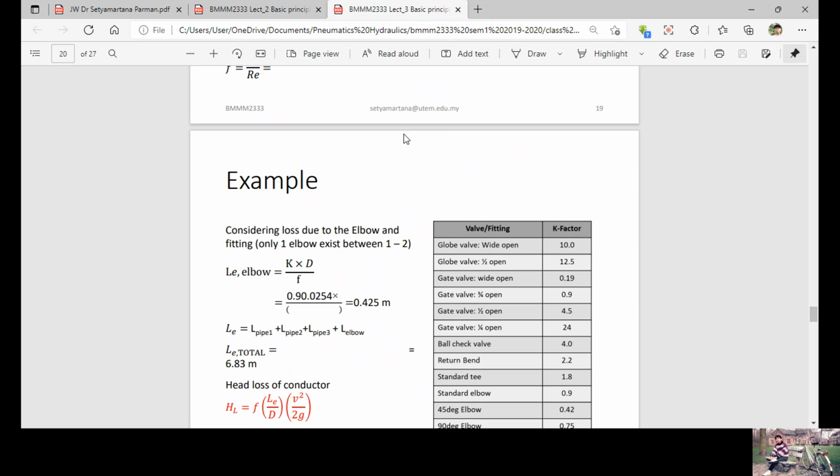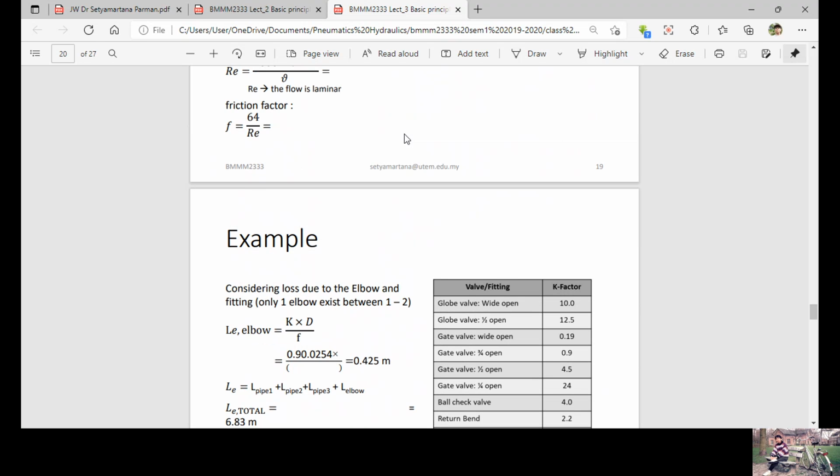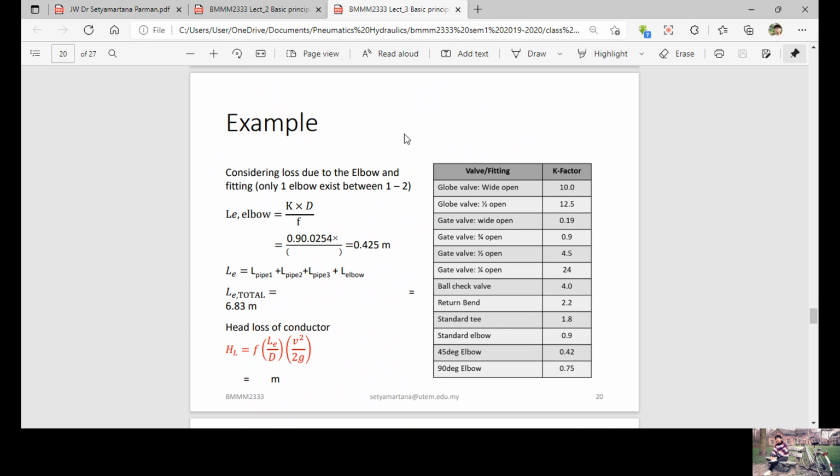Then we convert the loss in the elbow to the equivalent loss if the elbow is assumed as a straight pipe. So the equivalent length for the elbow is equal to K multiplied with D over F.